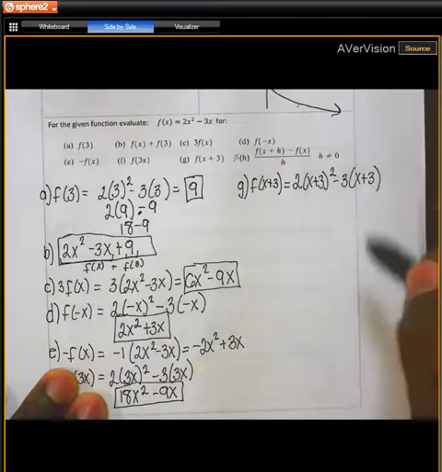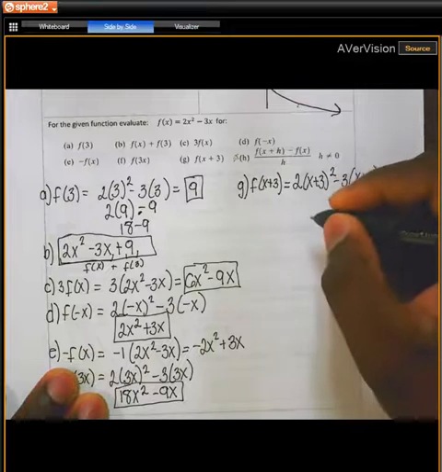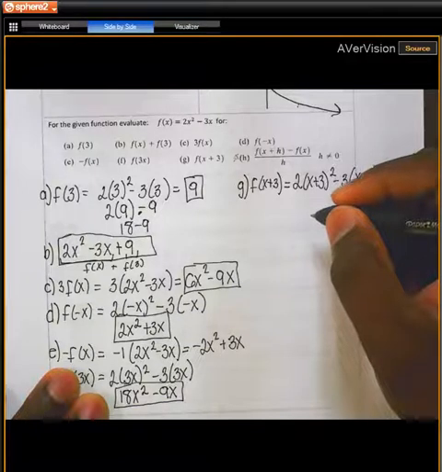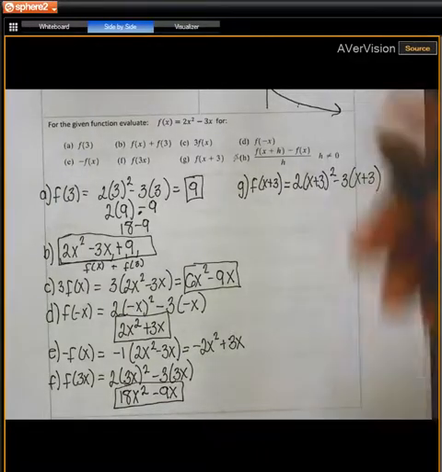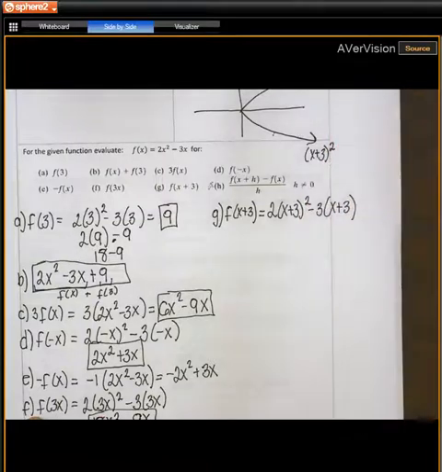What is x plus 3 squared? X squared plus 9? Ryan is getting it.